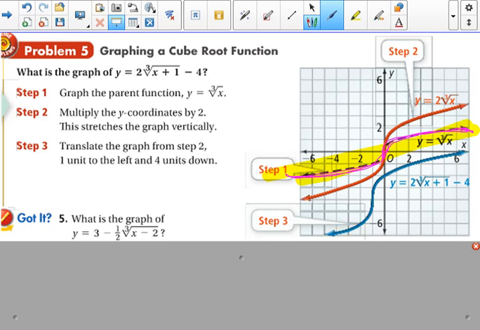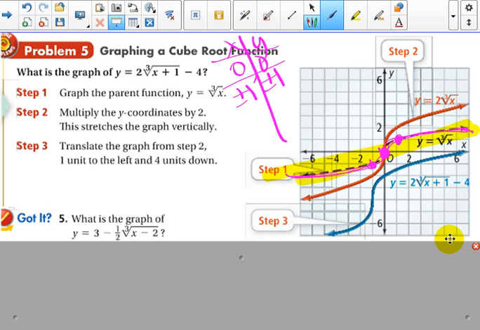Now let's think about what points we can use for our anchor points. Obviously, it goes through the origin, so we can use 0, 0. So there's our first x, y point. And now let's look. What's our next perfect cube? It goes through 1, 1 and negative 1, negative 1.